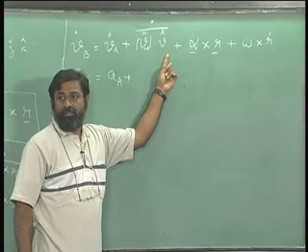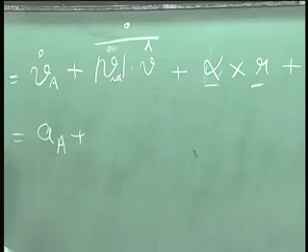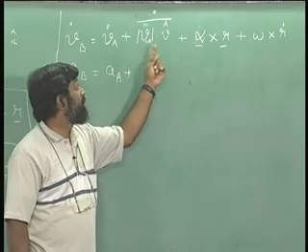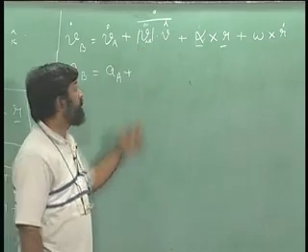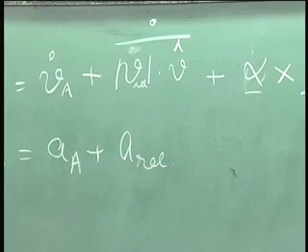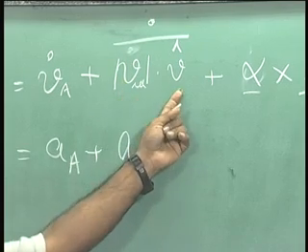How do I do that? This will give me two terms. One term is related to the derivative of V relative. So, I will get A relative, which is nothing but the derivative of V relative magnitude times the direction.